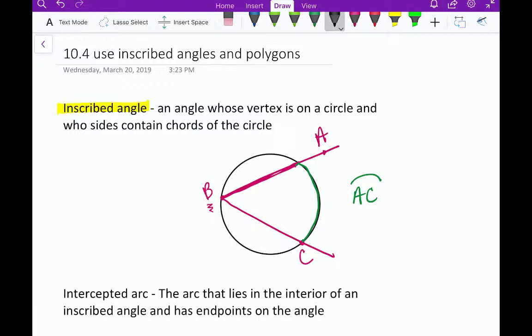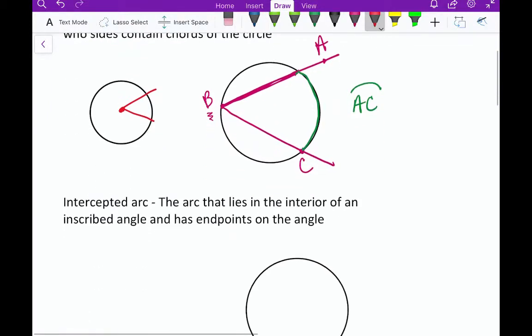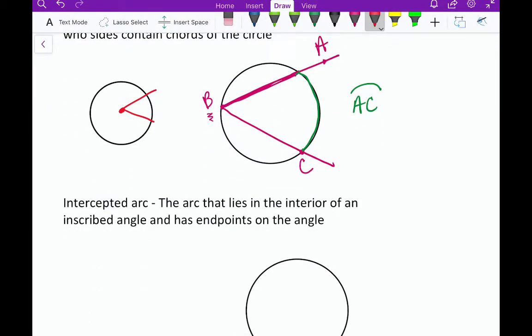Just real quickly, let me remind you what a central angle is. A central angle is when the vertex is in the center of the circle. So that's how these are different. An intercepted arc is like what I just talked about, the arc that lies in the interior of an inscribed angle and has endpoints on the angle.